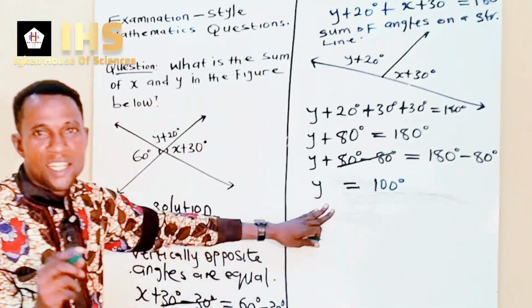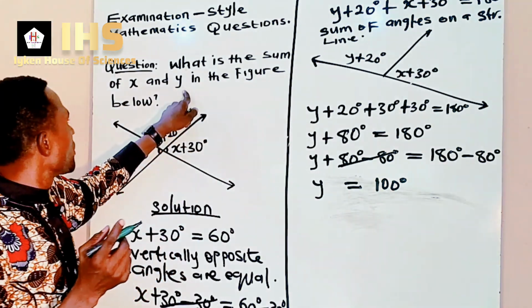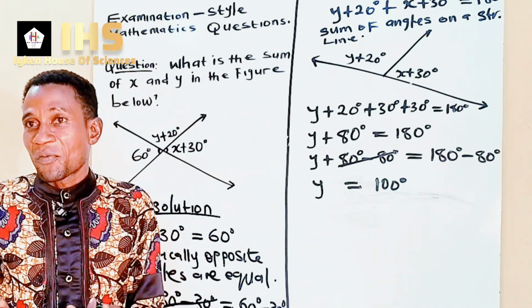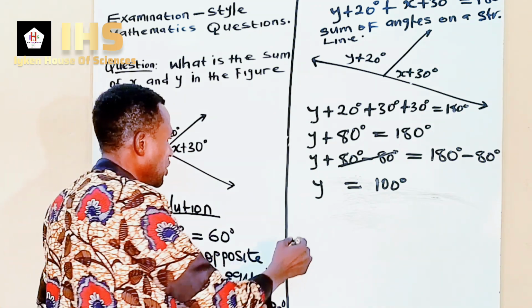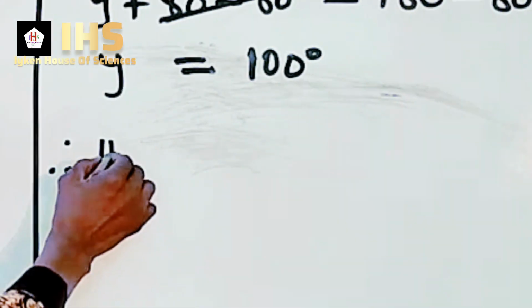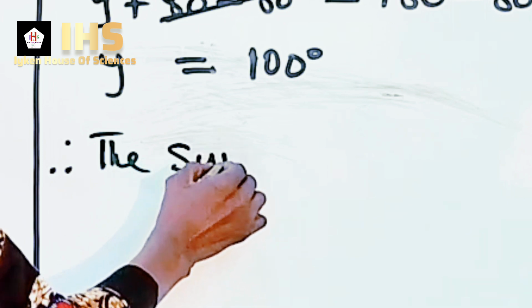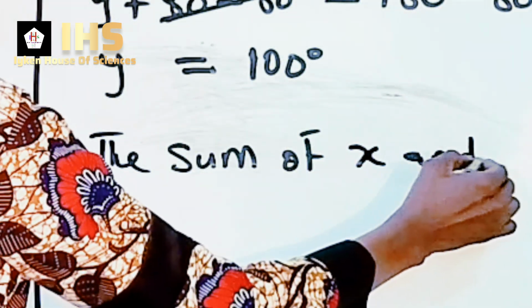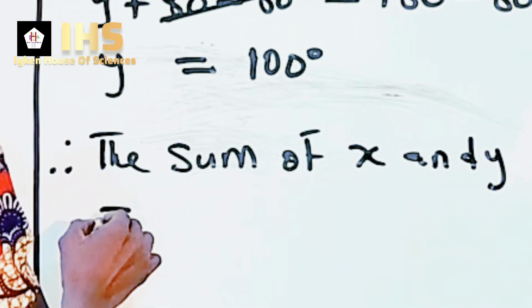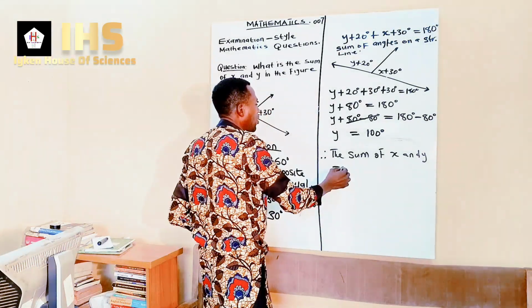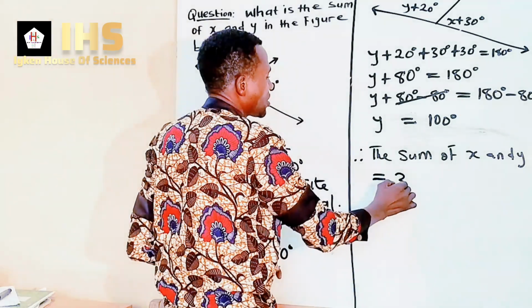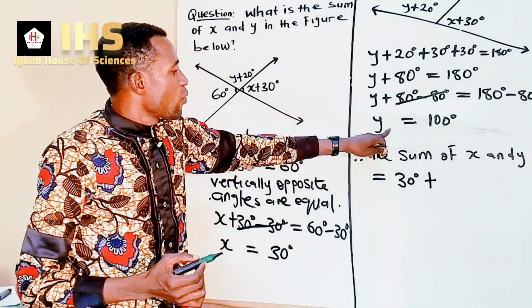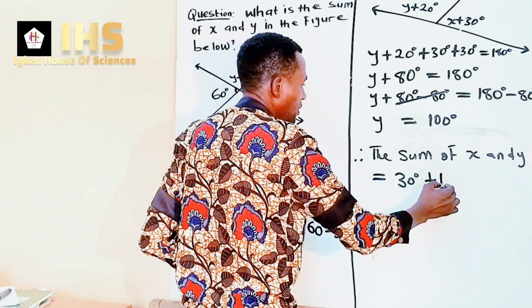Now, that is not the end of our journey. The question demands we find the sum. And you know the sum is the result we obtain from addition. So for that reason, we say therefore, the sum of x and y equals, x is 30 degrees, and y is 100 degrees.